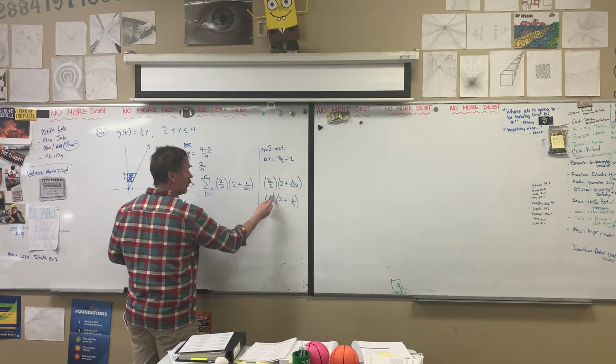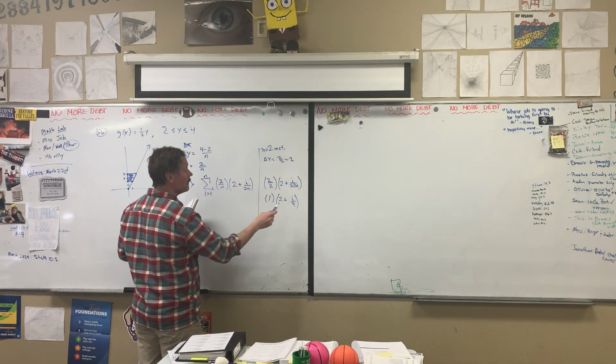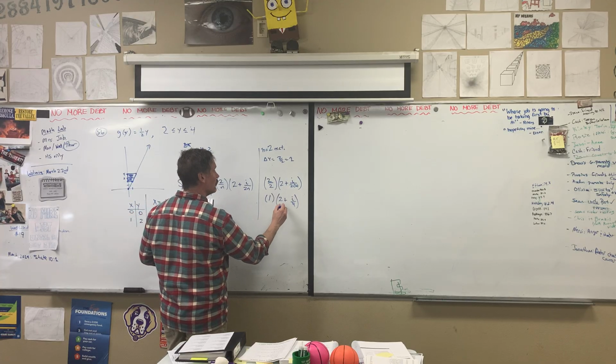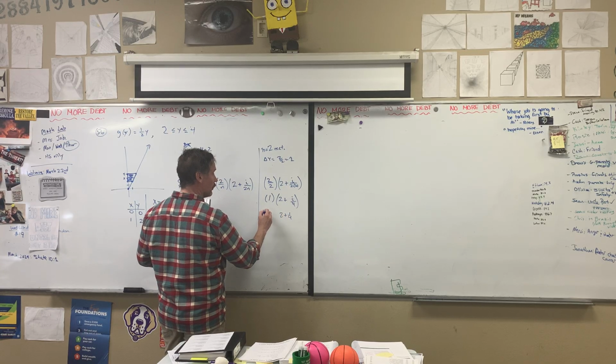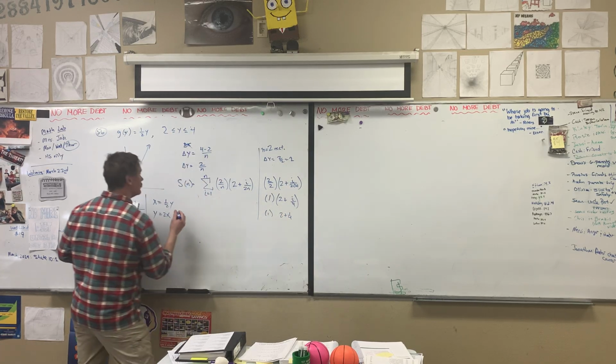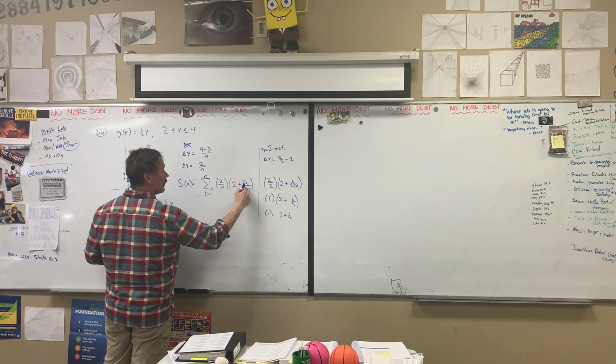So this one will always be a constant once we determine what n is. Then this one is going to change, so if you plug in 1, you would be stating 2 plus a fourth. So would it be 2n over I, or just 2i over n? Yeah, 2i over n.